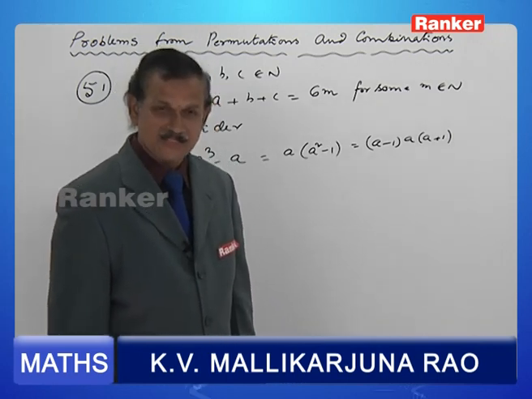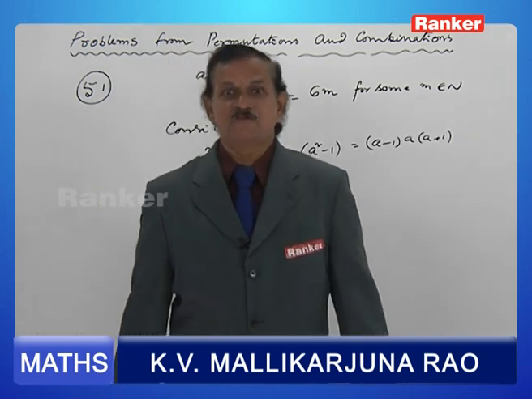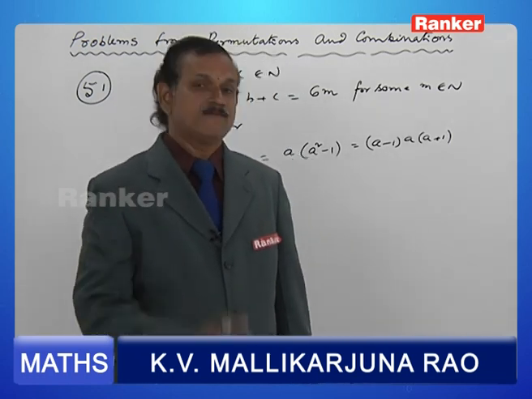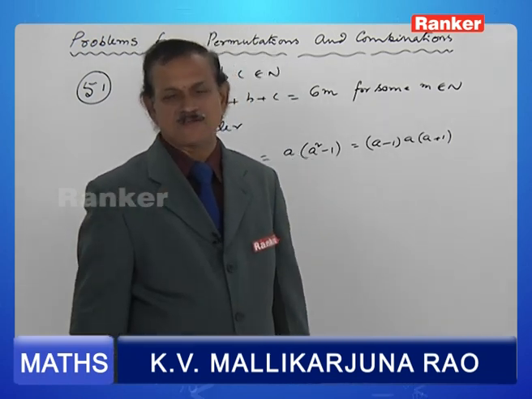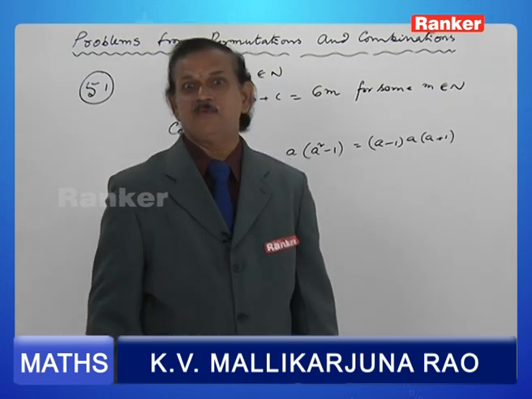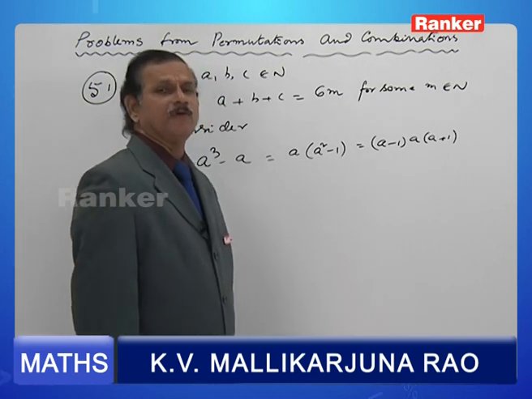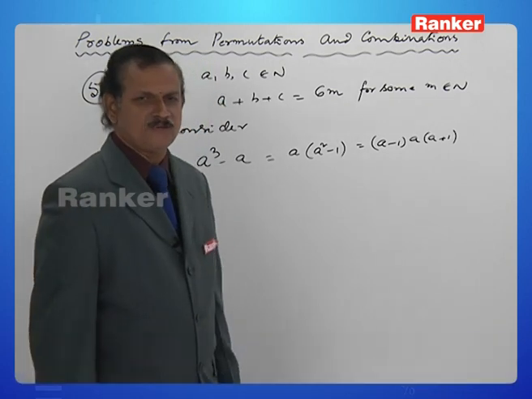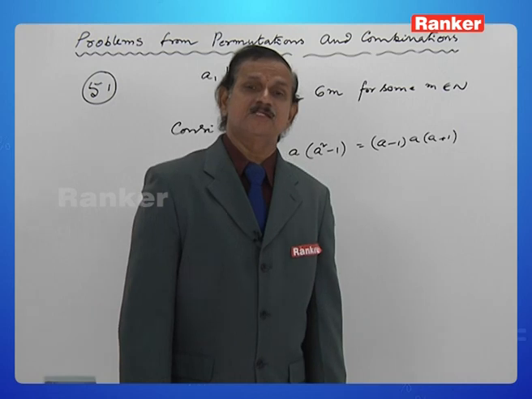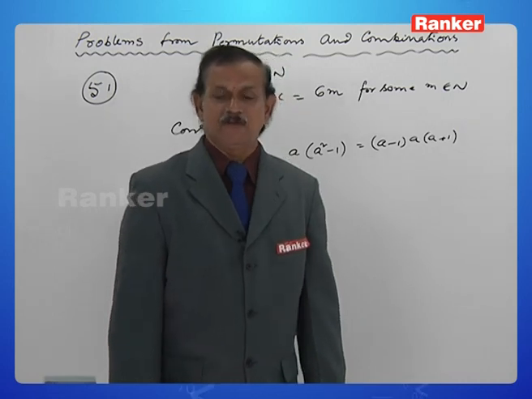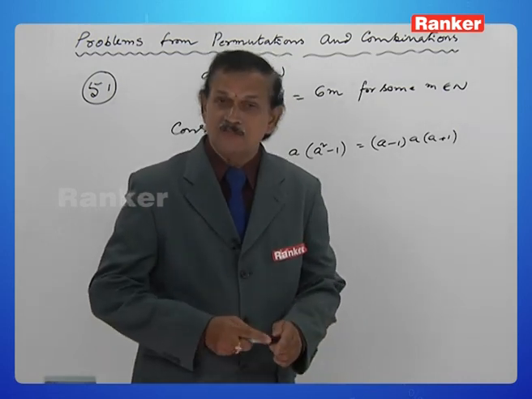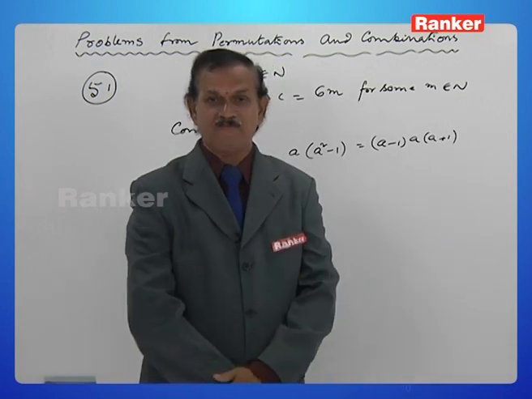Here, this is the right occasion for us to recollect one of the most beautiful concepts regarding the successive integers. What is that concept? If you have a product of consecutive r integers, then it is divisible by r factorial. If you have 3 consecutive integers, the product is divisible by 3 factorial.